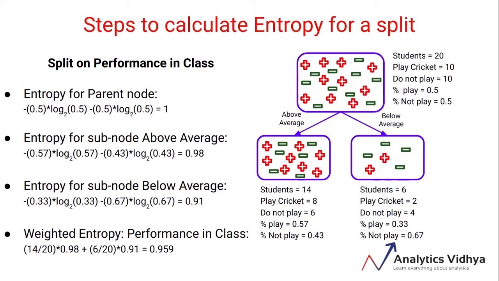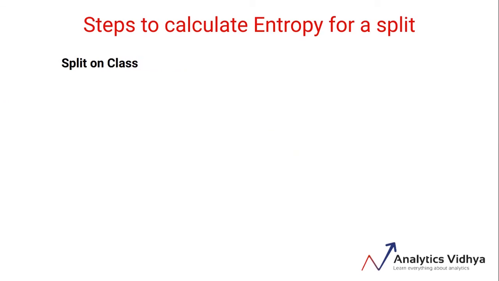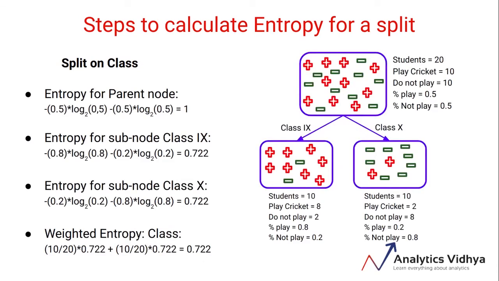Here we can see that this weighted entropy is lower than the entropy of the parent node. Right? The parent node is 1, the weighted entropy is 0.95. So we can say that it is returning more pure nodes compared to the parent node. Similarly, we can calculate the entropy for the split on class using the same steps that we just saw. Here we've calculated all the values, and again I advise you to calculate them on your own.